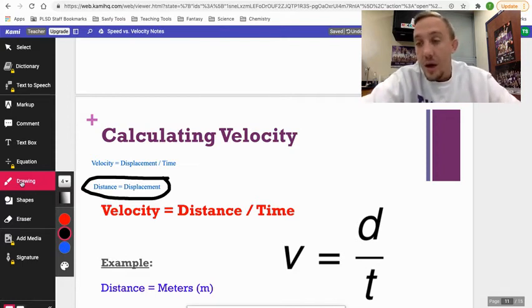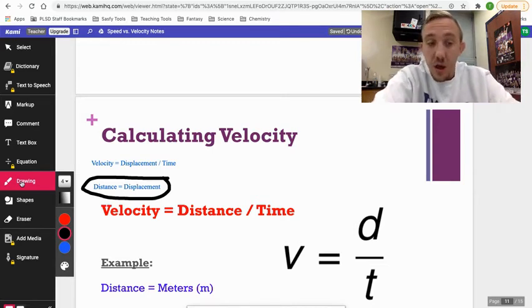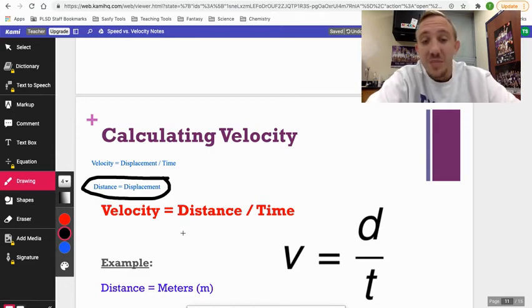As we move forward, we're going to give you instances where my distance and displacement are not the same. So this is your equation. Speed is distance over time, or velocity is distance over time.